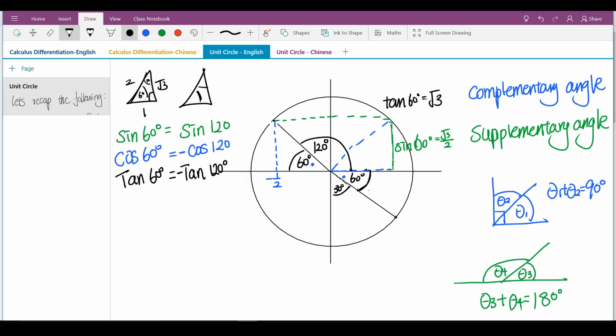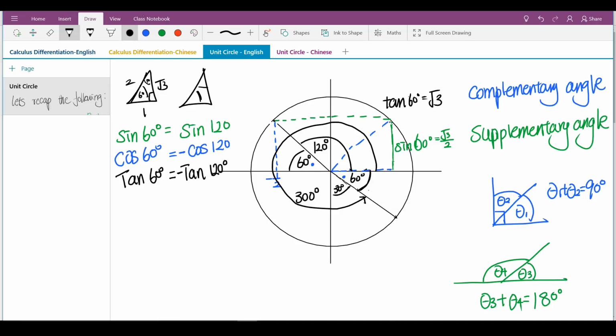So the whole thing here is actually 300 degrees, 270 plus 30. Now we don't have an exact value for 300 degrees.